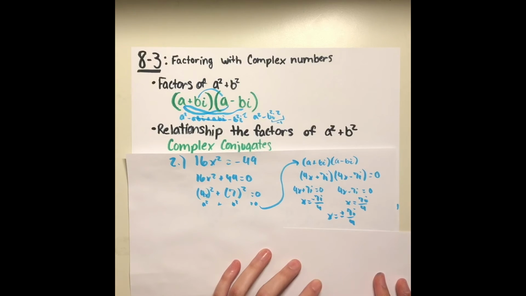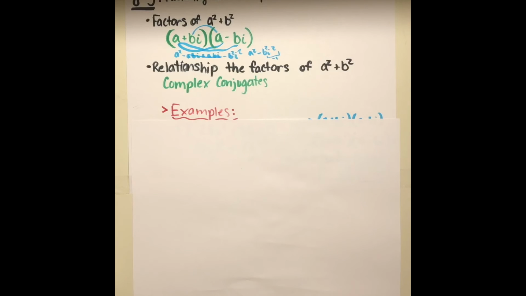Or another way you could write it, when you realize that you're using complex conjugates, is x equals plus or minus 7i over 4. Okay, just so I don't take up too much more of your time, I'm just going to do one more example.